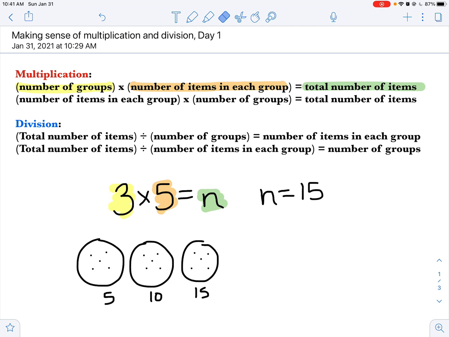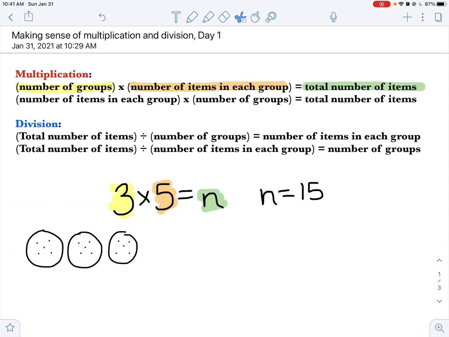Okay? It also could mean, let me just move this over here. This is one representation.